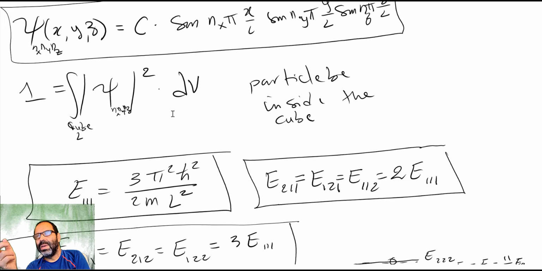Again, that gives me a condition on L, and at the end both of them add up to give me the condition on n, because the probability of finding a particle very far away from the nucleus is going to be 0. So that gives me a condition on n, and now I have 3 quantum numbers.